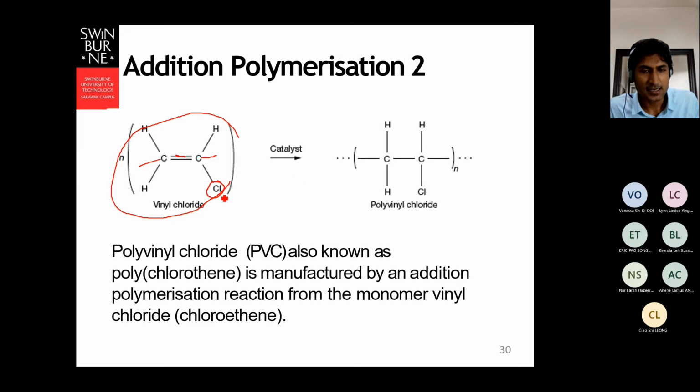So when they are attached together, 30, 40, 100,000, it is polymerized into polyvinyl chloride, also called polychloroethane. And just because of this chlorine, it is hard.